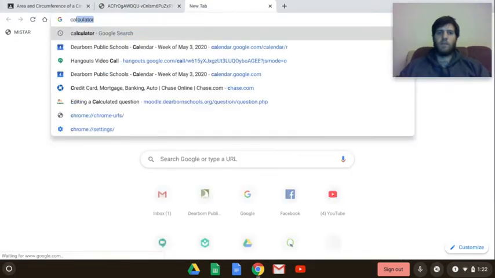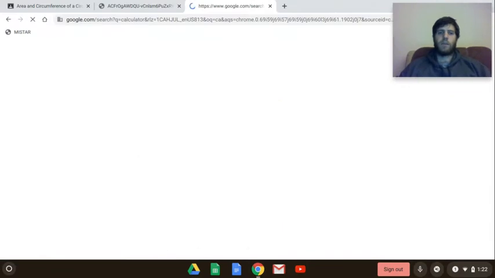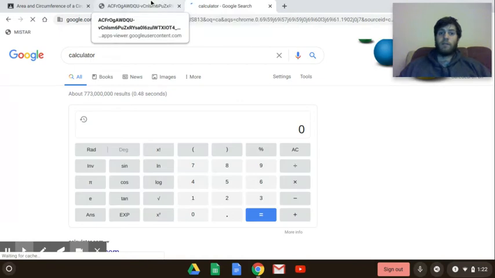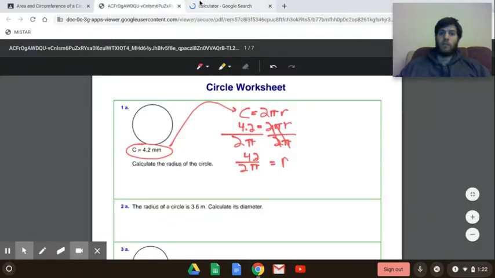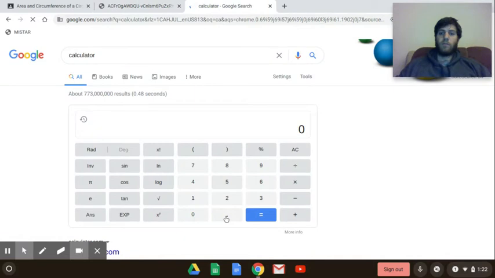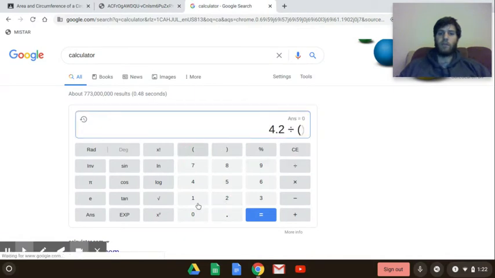So go over to our calculator, which should have been up, but I was unprepared. And we're going to do 4.2 divided by, make sure we use the parentheses, 2 times pi, or you could probably just do 2 pi either way.